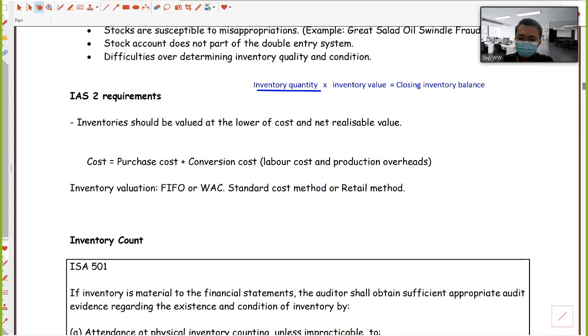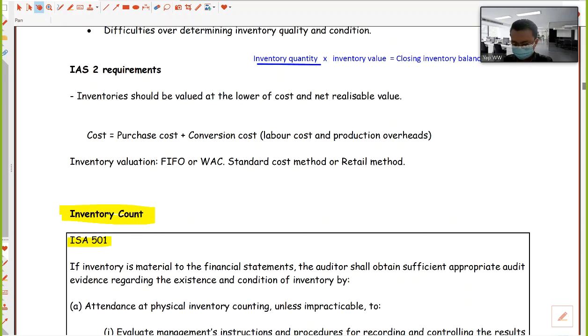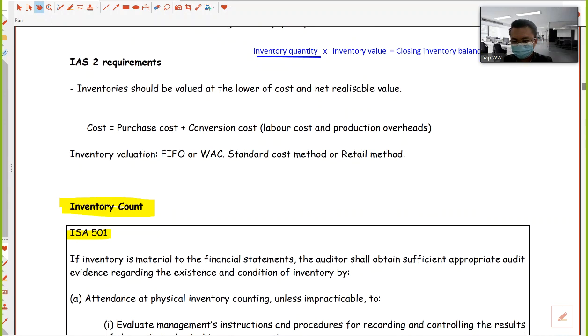So the auditor needs to audit inventory quantity by having an inventory count. This is the requirement of ISA 501. Audit evidence is ISA 500, so 501 is more specific to certain items such as inventory.